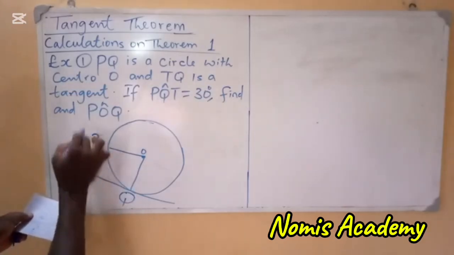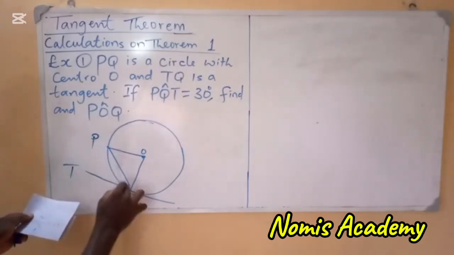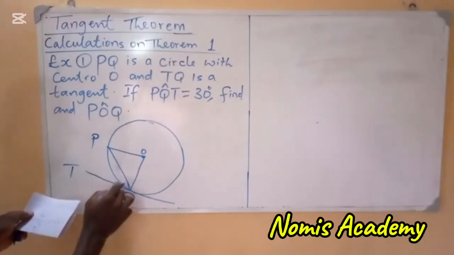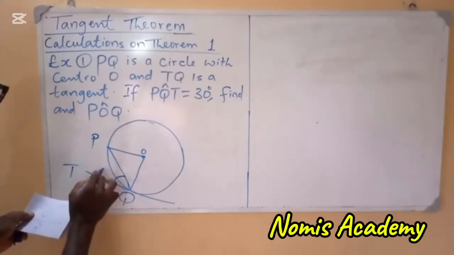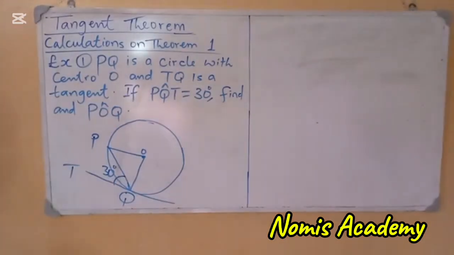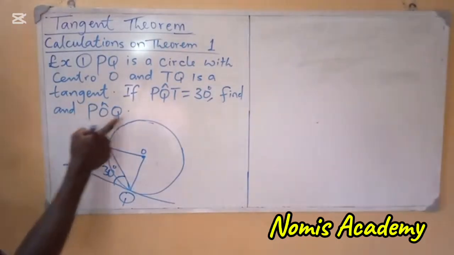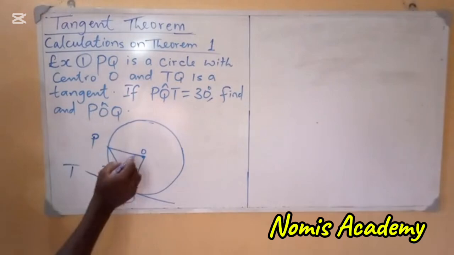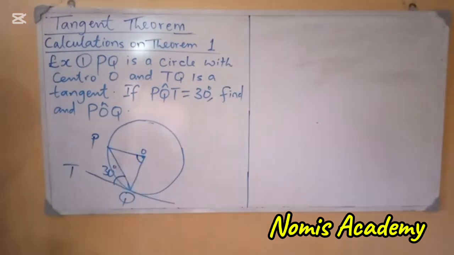Here is P. Now we have a straight line that goes this way. This particular angle here is 30 degrees according to the question. Now we are asked to find POQ, that is this particular angle.